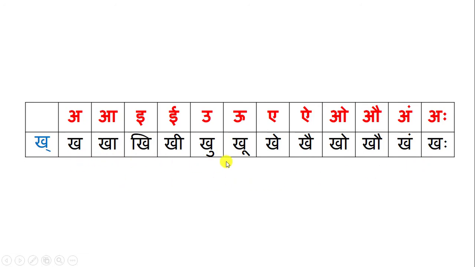All these sounds must be with a breath of air from your mouth. You must breathe out air when you are pronouncing this. So go ahead and practice pronouncing and writing the letters.